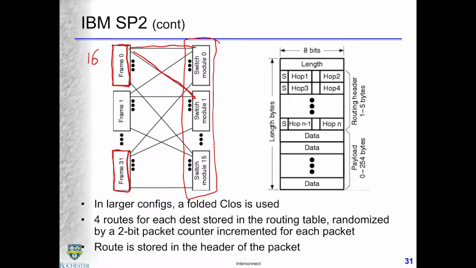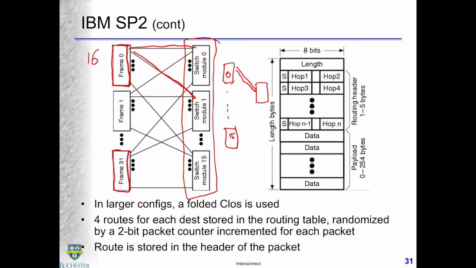So you have this switch module 1 being doubly connected to one frame. Suppose you have 0 to 15, and that would give you the 16, the 32 together. You would occupy the 32 ports.